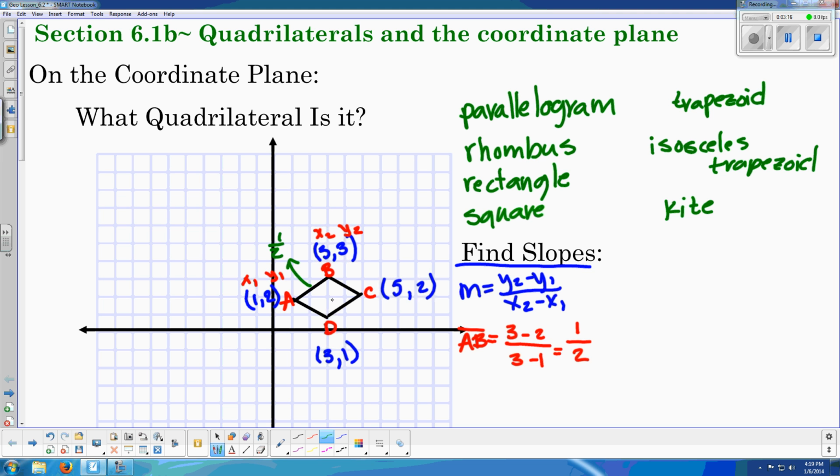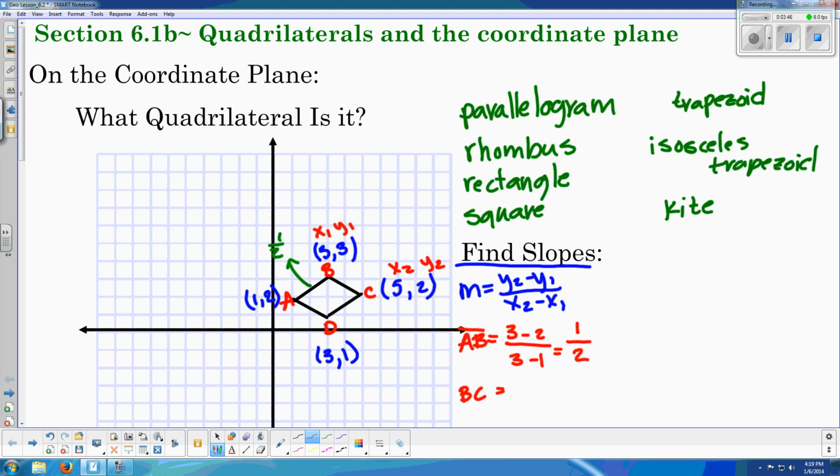Now we need to find the slopes of all of these other lines. So, next one. We are going to do BC, but first, let's go ahead and erase our x1 and x2 and y1 and y2 just so we don't get confused on our values. So now we're going to do BC. So we have our x1, y1, x2, y2.